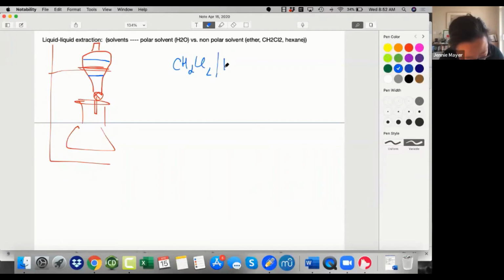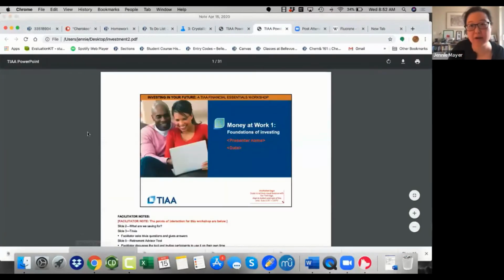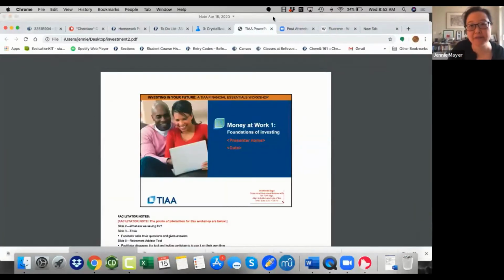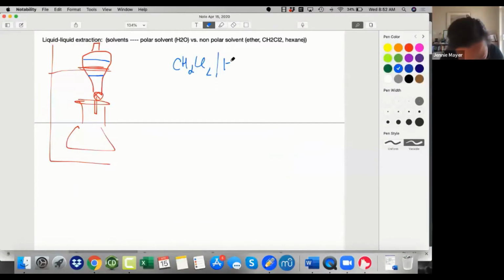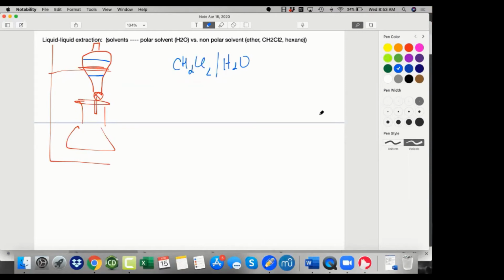Let's say I have two layers, methylene chloride and water. Which one is going to be on the top and which one will be on the bottom?